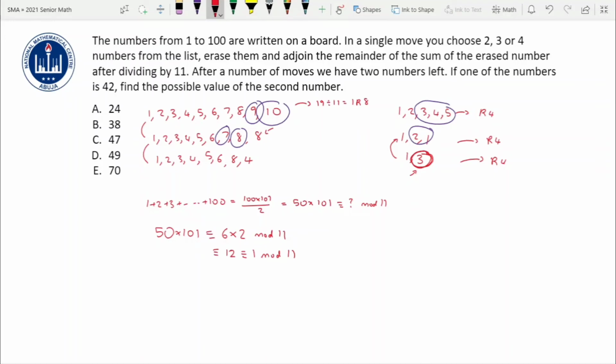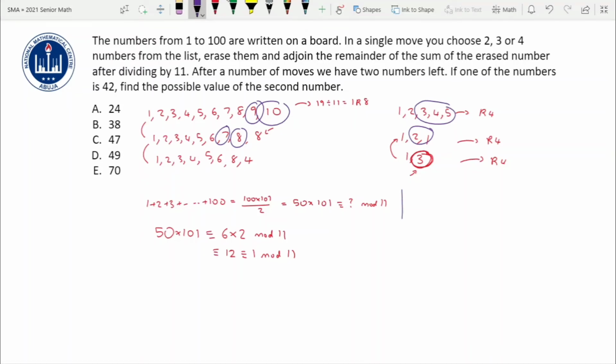So at any point in performing the sequence of moves described here, removing numbers from the list and replacing them with others, if you add the numbers that you have together and divide by 11, you always have a remainder of 1. Since we know that, we can use it to figure out which of these options, 24, 38, 47, 49, and 70, we can have together with 42 at the end of the sequence.